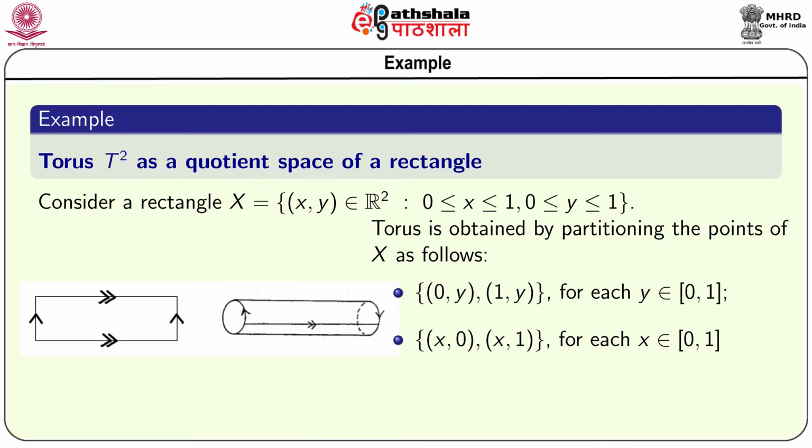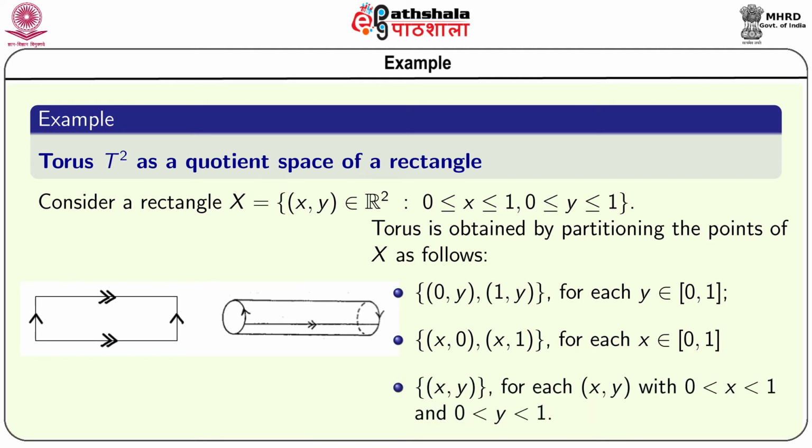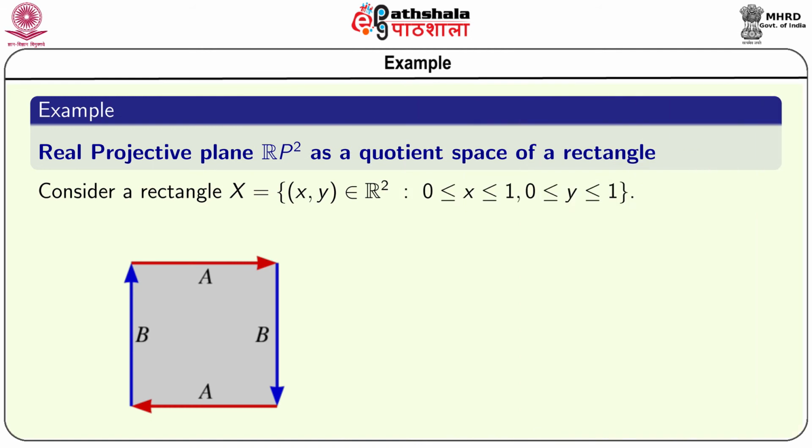That way, keeping the rest of the points fixed, that means no other identification is made, we get the torus.